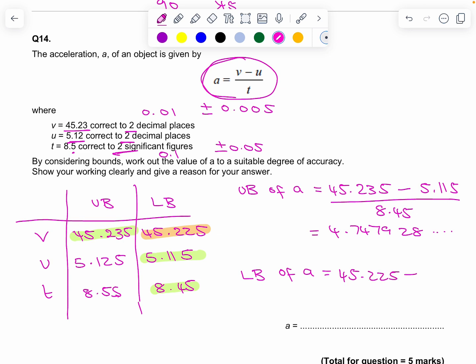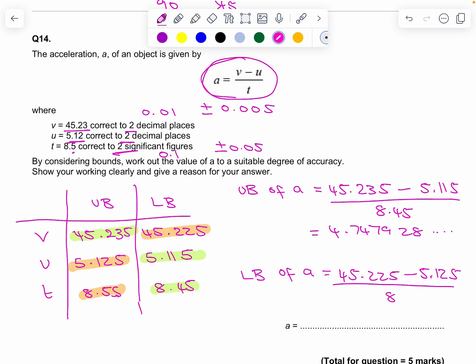And I'm going to take away the biggest U, again, because I want to make it a small number. So I need to take away the biggest number. So I'm going to take away my biggest U, 5.125, and divide again by my biggest T. And this is all to make the number the minimum it could possibly be.